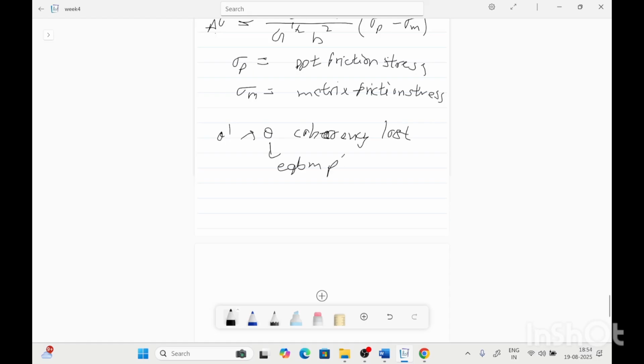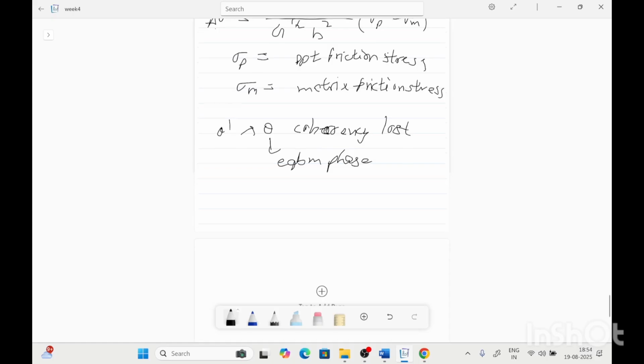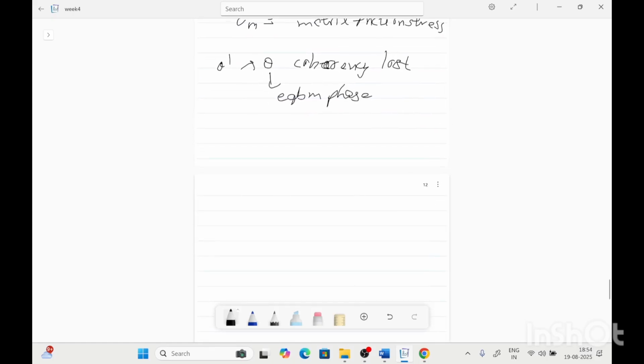It means there will be no change in the morphology of the theta, it will only get coarsened. So if the theta is present in the matrix, let's consider this is the dislocation line and these are two theta precipitates.